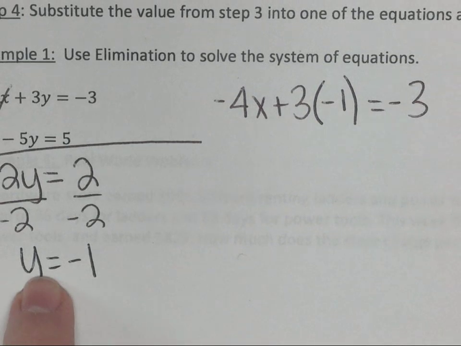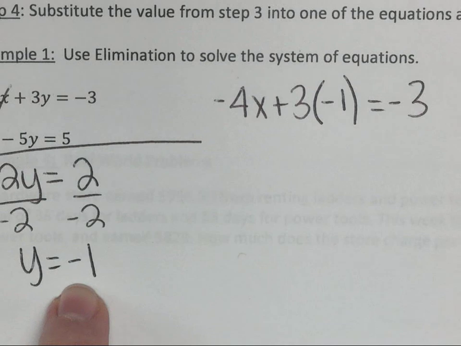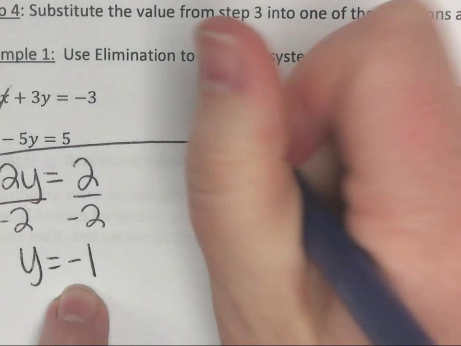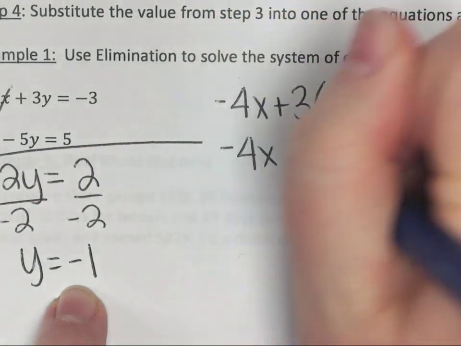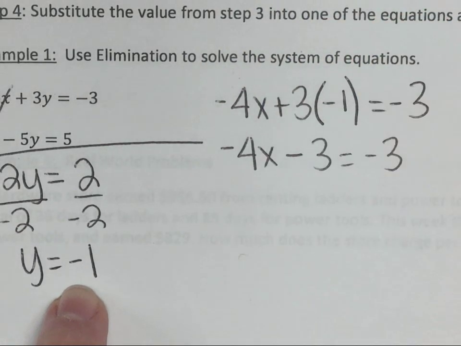So we just have to plug. If y is equal to negative 1, we're plugging negative 1 in for y on either of these equations. Then we're just going to solve. Negative 4x minus 3 is equal to negative 3.